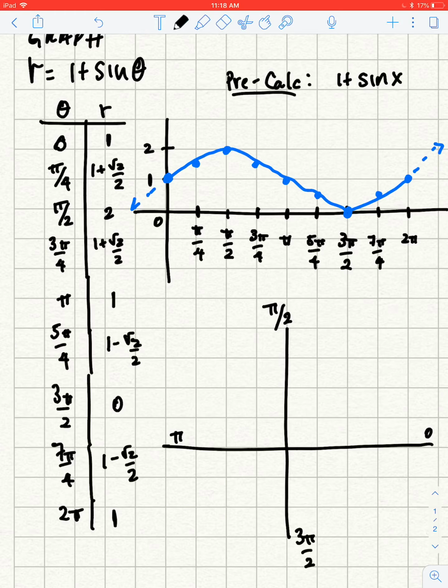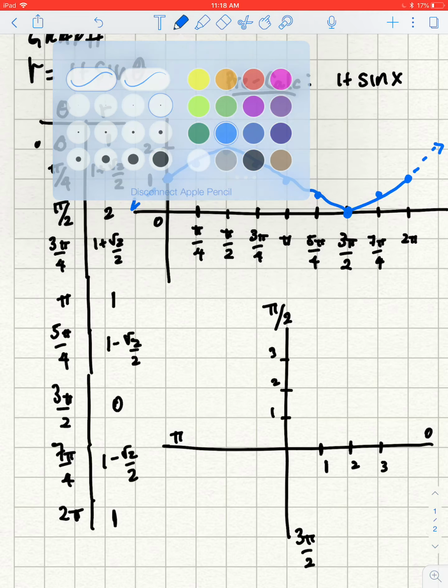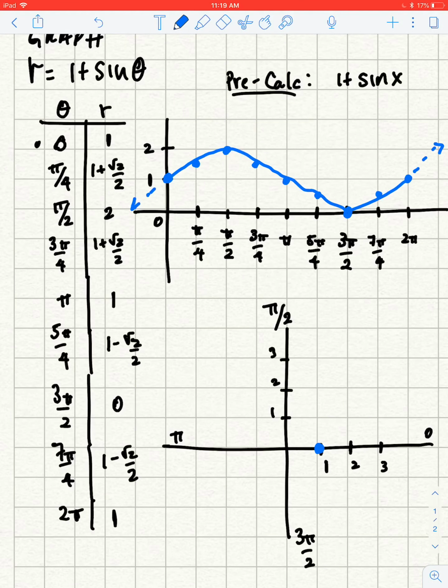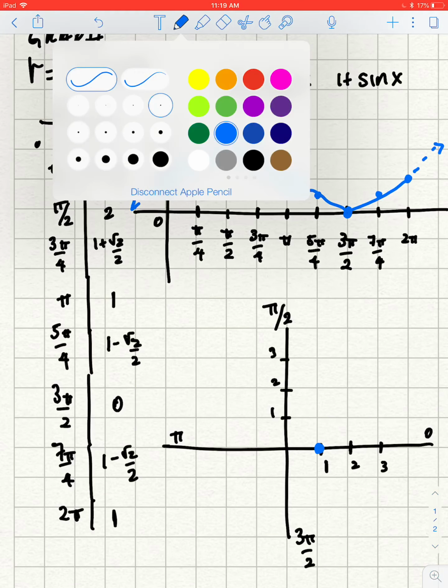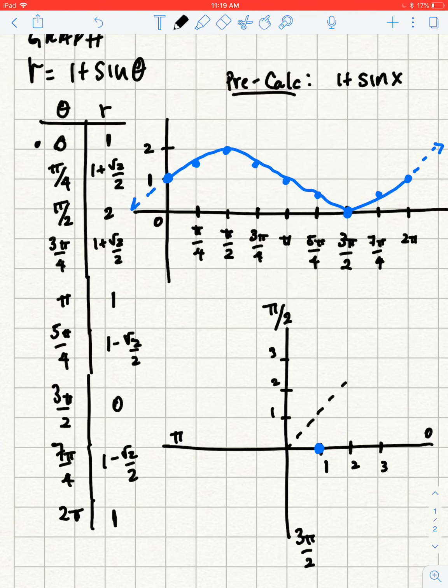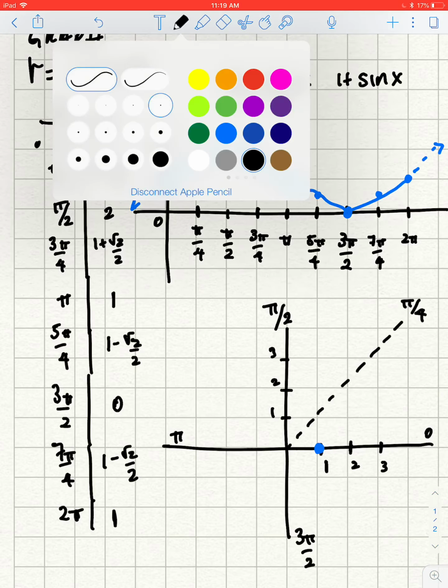So with 0 radian, right, so we'll go from here, 0, you're going to get 1. So we have 1. Now at pi over 4, what I would do, draw your dotted line. Okay, so that's pi over 4.